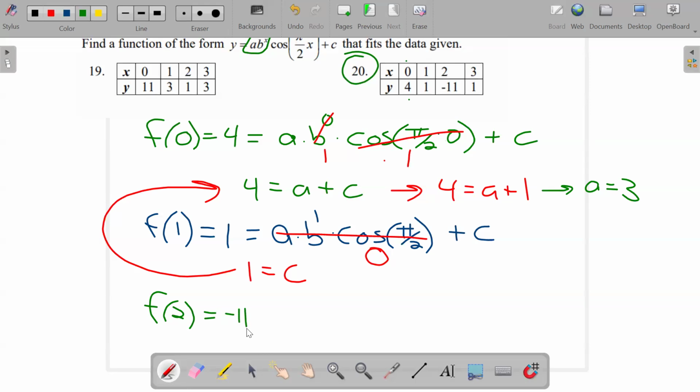And we just discovered that a is 3, so this is going to be equal to 3 times b to the power 2. Don't know b yet. Times the cosine of pi over 2 times 2. And we know that c is 1.